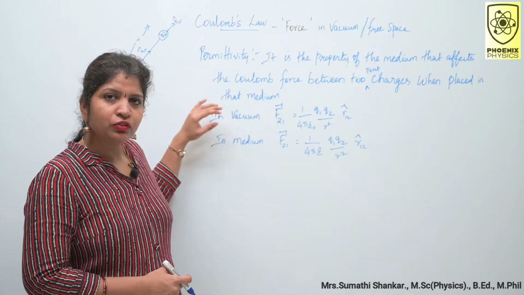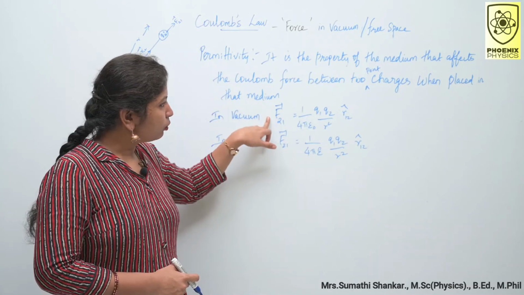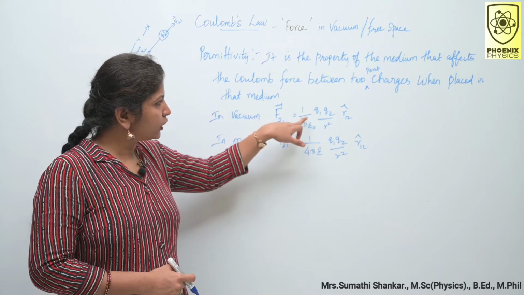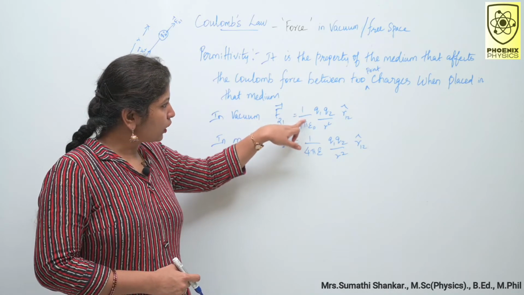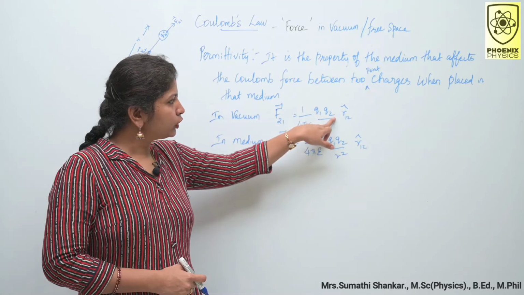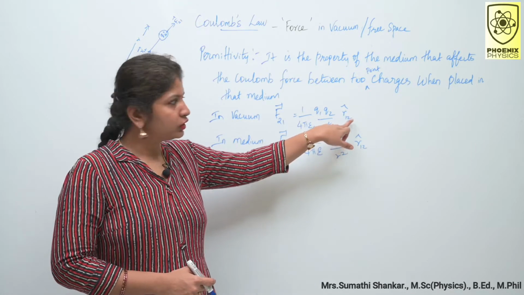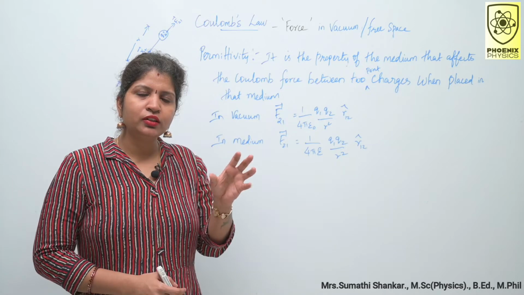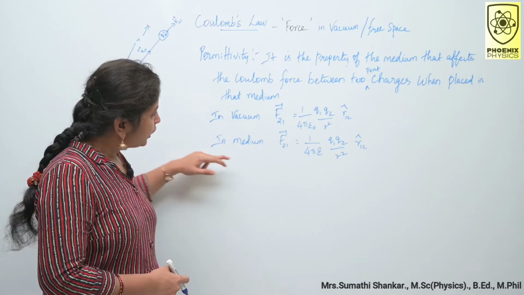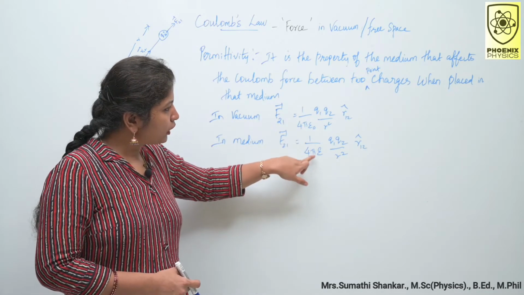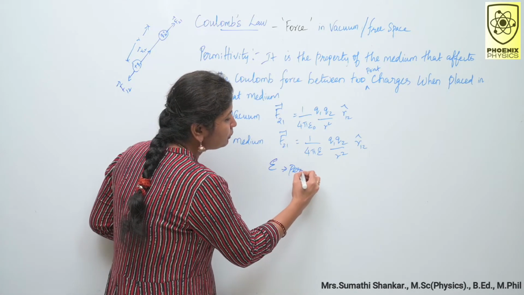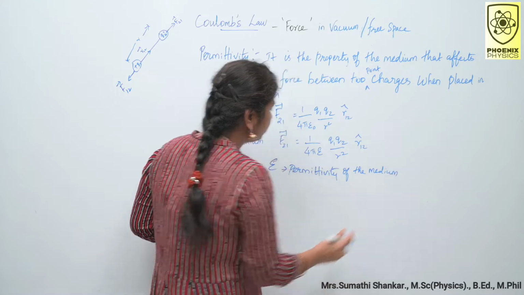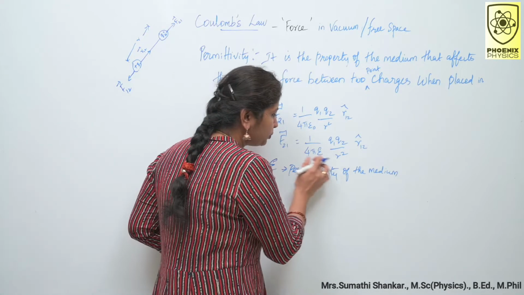Suppose the medium is vacuum, then the formula of F21 is equal to K, what is the K value? 1 by 4 pi epsilon naught. So 1 by 4 pi epsilon naught Q1 Q2 by R squared R12. This is for vacuum. If the two charges are kept in a medium, then F21 is equal to 1 by 4 pi epsilon. What is this epsilon? Permittivity of the medium. So what is this permittivity?